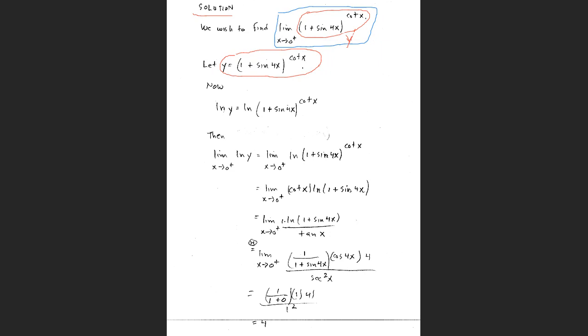Now what we're going to do is look at the natural log of y. The reason we want to do this is because we need some expression we can find the limit of.